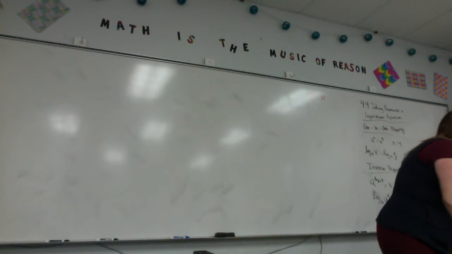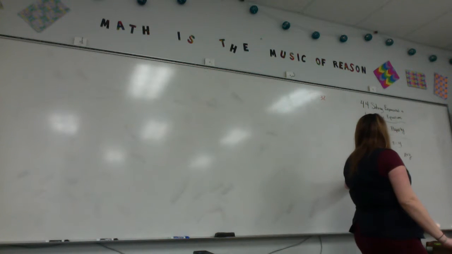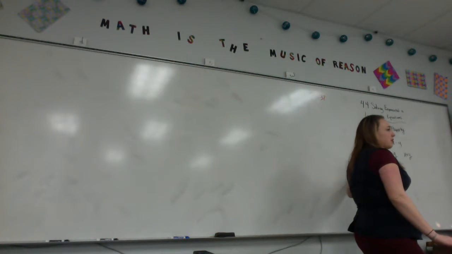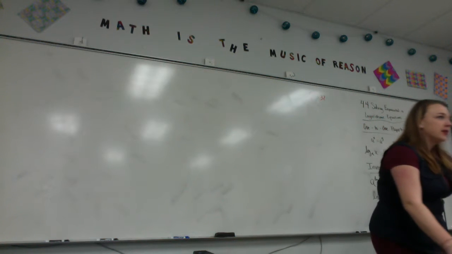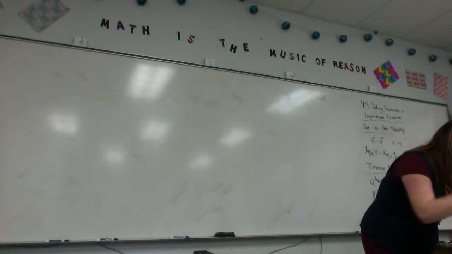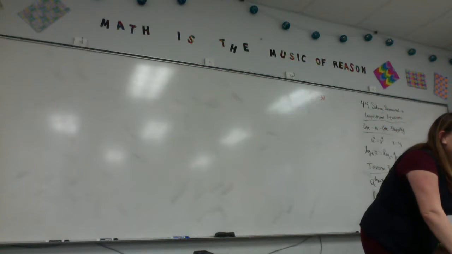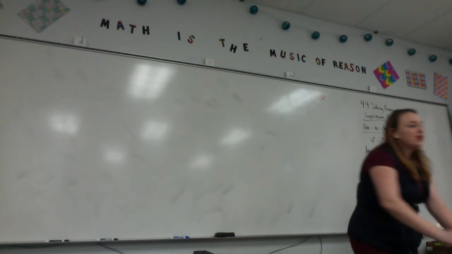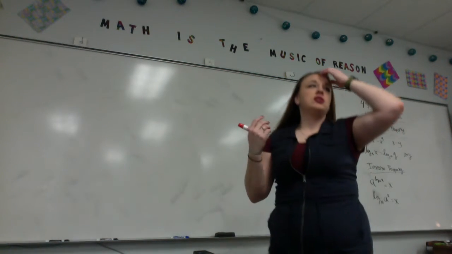We're just mixing it up right now. If I have 2 to the x equals 32, what is another way that I could write this? Or how do I figure out what x is?